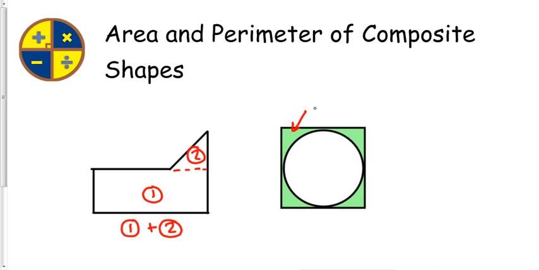Or what you might have is the shape on the left, where area number 1 would be the green square in the background, and if you were asked to find the shaded or green area, then you would have to take the area of that bigger square, take the area of this circle in the middle, which I call circle number 2, and that's obviously one shape cut out of another or taken away from another.